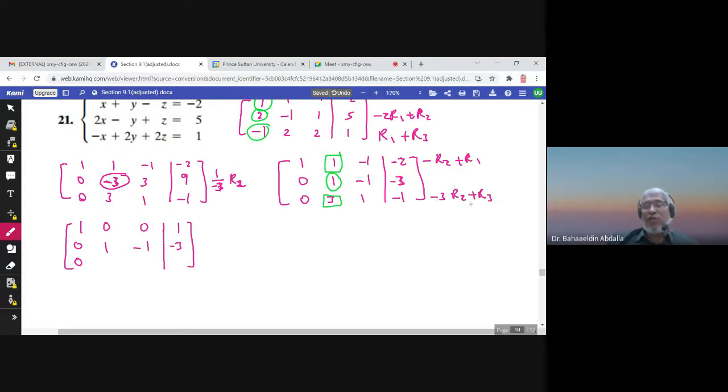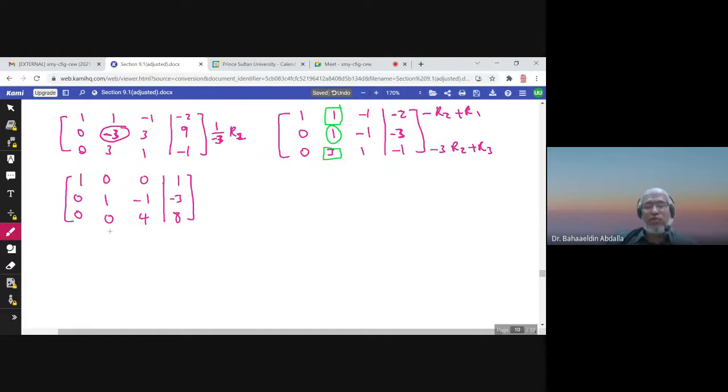Let us change the last row. Negative 3 times R2. Negative 3 plus 3, that's 0. Negative 3 times negative 1, 3 plus 1, 4. Negative 3 times negative 3, 9 minus 1, that's 8. I finished working with column 2.